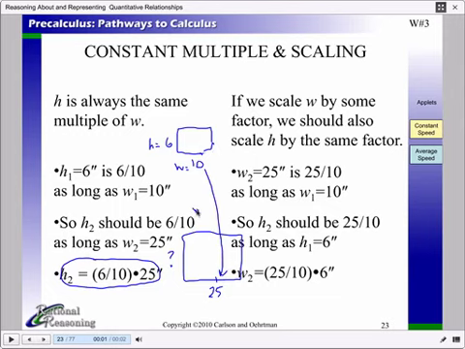What do I need to multiply by to scale up the width from 10 to 25? 25/10, right? 2.5. So what do I need to do to the old height to get to the new height? Multiply it by 25 tenths. Is that what it does on the right side? Yeah, it works. So that's what they're doing here. But this should have been height, right? Yeah, that's the problem. This should be height 2. Thank you. That should say height 2.